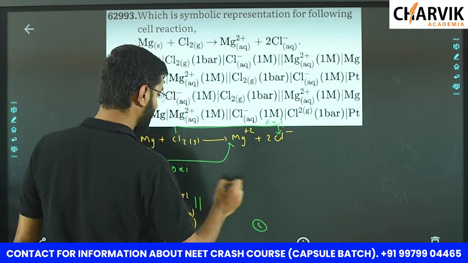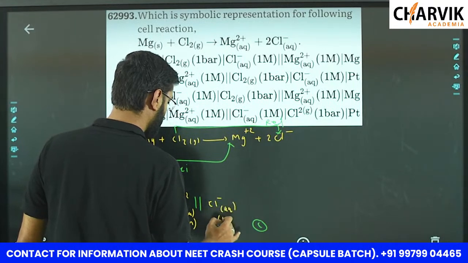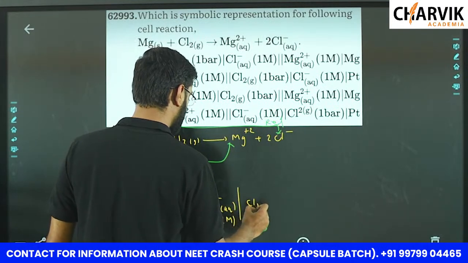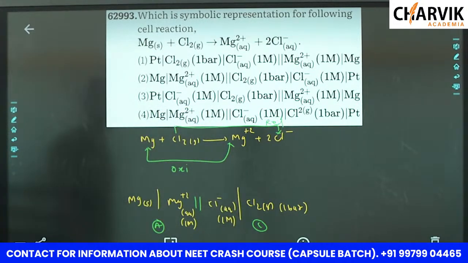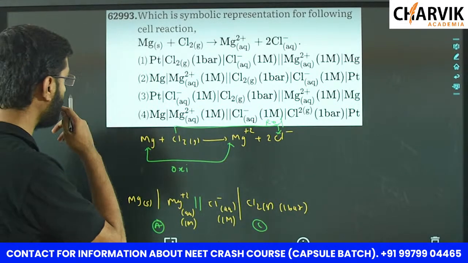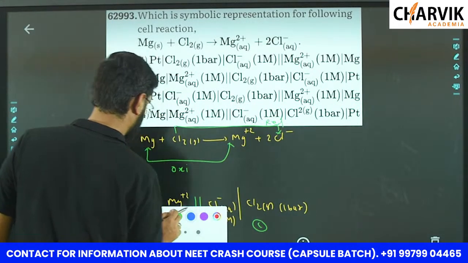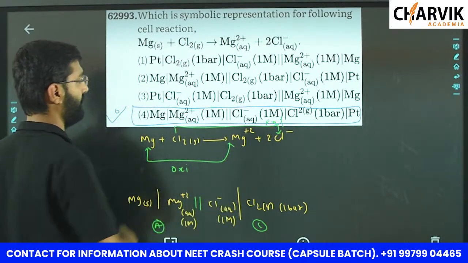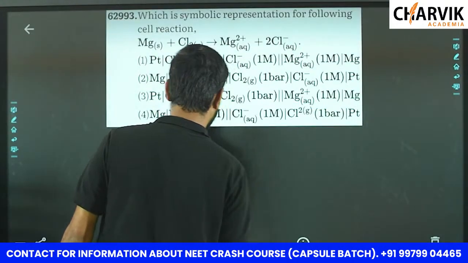Second, cathode: Cl minus aqueous, concentration 1 molar, oblique, Cl2 gas 1 bar, right? This is your correct cell representation, and your answer should be D. Very simple, right? Okay, move to next question.